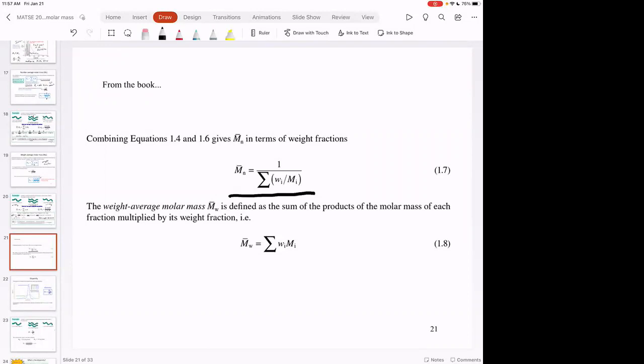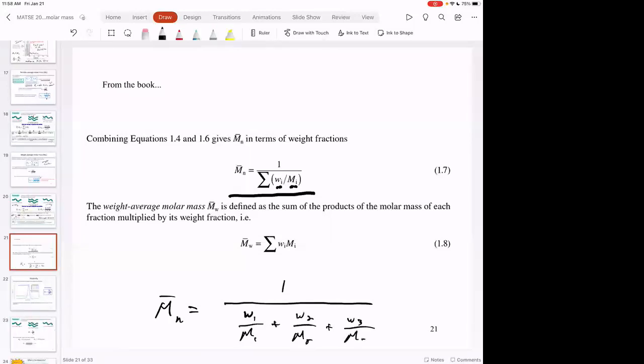If you do this summation, which is 1 over this summation term, so we already know what the weight fractions are. We know what the individual Mn's are. They're both in the denominator, remember? So you have something that looks a little bit funny. So you've got M bar n equals 1 over weight of 1 over M of 1 plus weight of 2 over M of 2 plus weight of 3 over M3. Then you solve that for Mn.